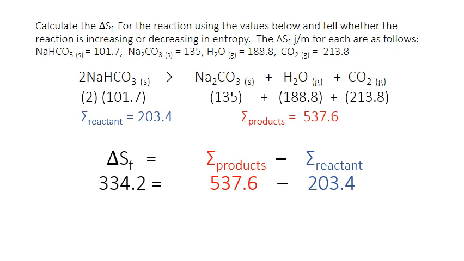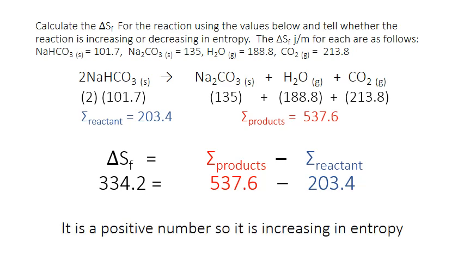Since this is a positive number, this tells us that this reaction is increasing in entropy or increasing in disorder. When you look at the equation and you look at the state of each of the compounds, you notice that you're going from a solid, and this solid is breaking apart into 3 different pieces.